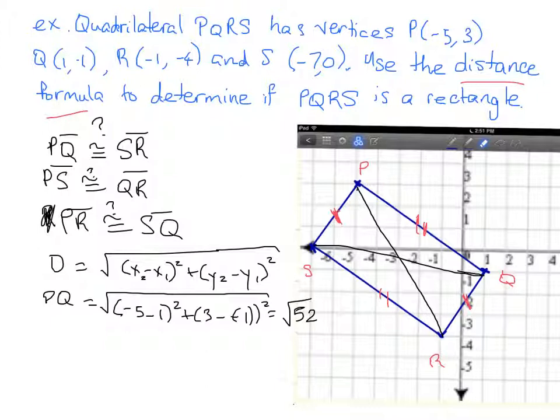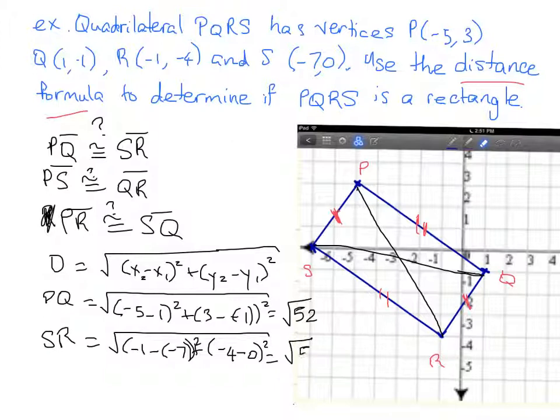All right, do the same thing for SR and see if you get the same answer. So SR is equal to, we have here, -1 minus -7 squared plus -4 minus 0 squared, and that does in fact give you root 52.